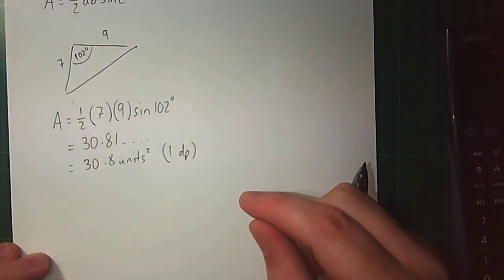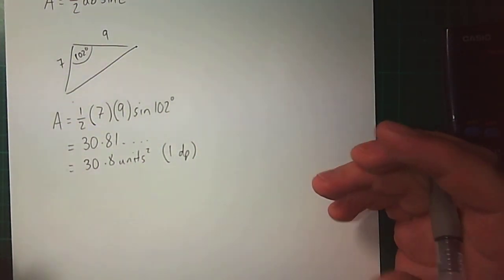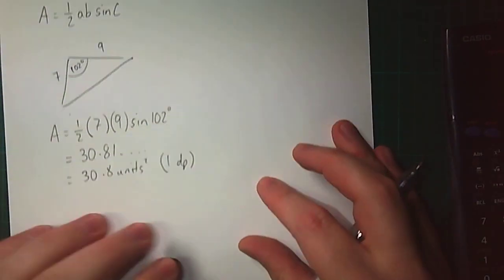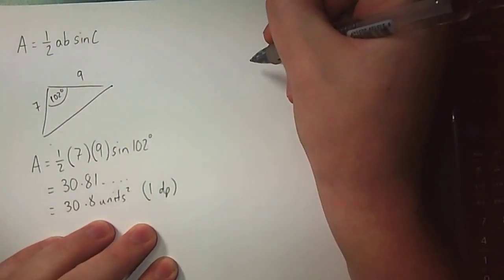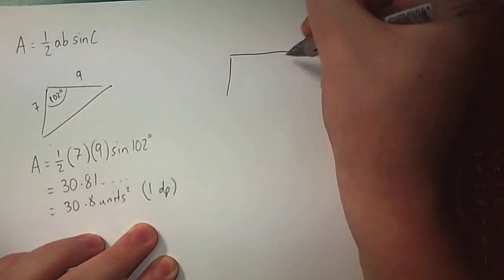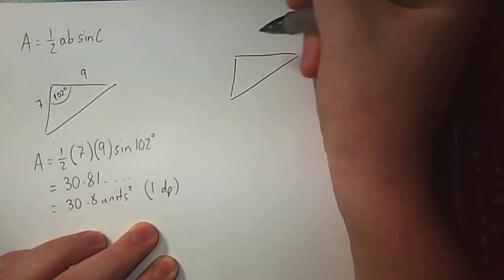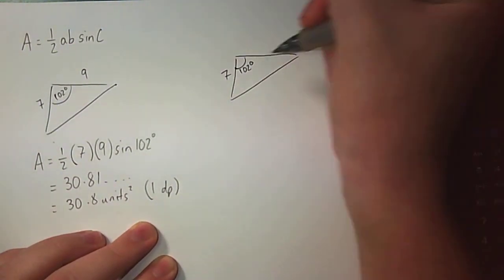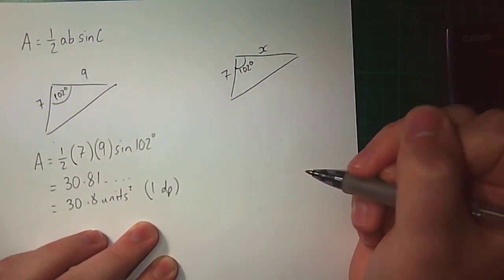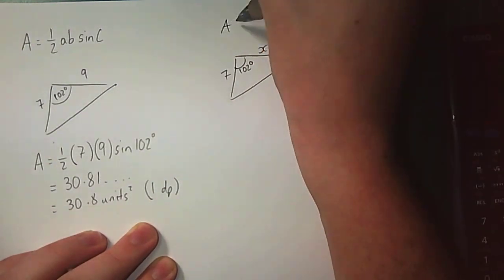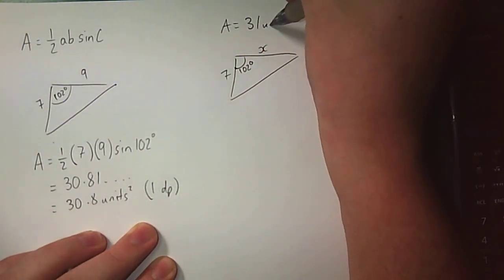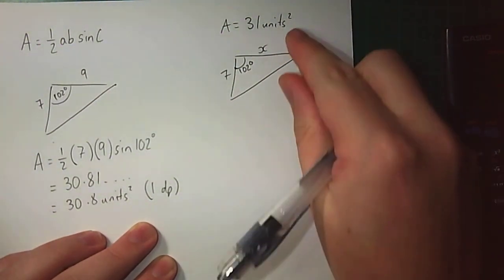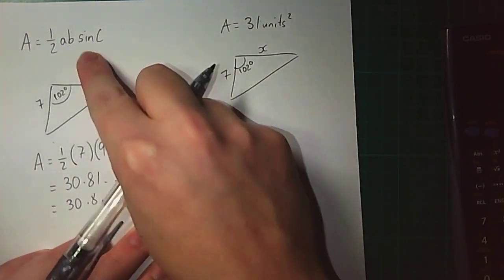Say we're in a situation where we have been given the area, but we need to find either a side or an angle. You might have a situation like this. Let's take essentially the triangle that we have there, but we'll remove a bit of information. We have 102 degrees there, we have 7, we have an x here, but we know that the area is equal to 31 units squared. Okay, if we've got that situation, we're going to introduce all of this into our formula.